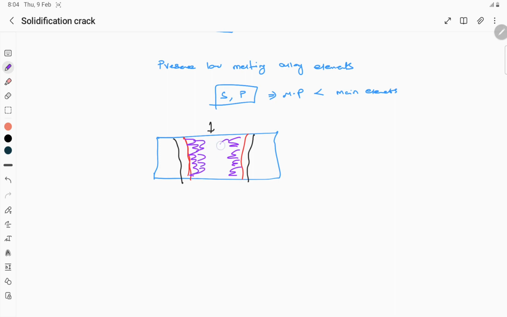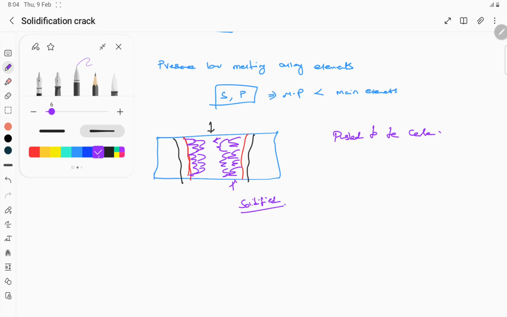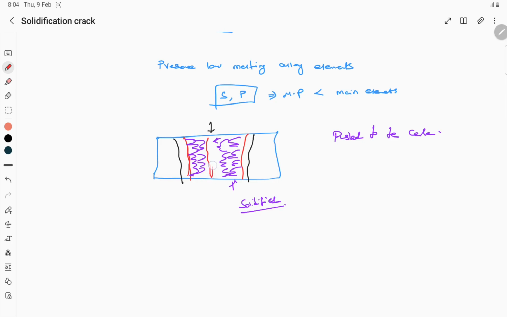Okay, so during this time, these low melting alloying elements such as sulfur, phosphorus will be pushed towards the center, since its melting point is low. The surrounding area will be completely solidified. These areas would be solidified after a certain time, whereas the low melting alloying elements will still remain in liquid form. This is the liquid form, let us assume.